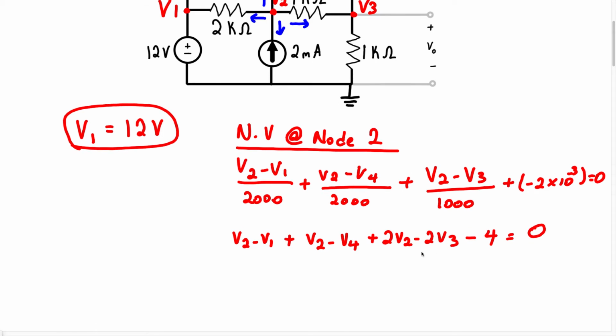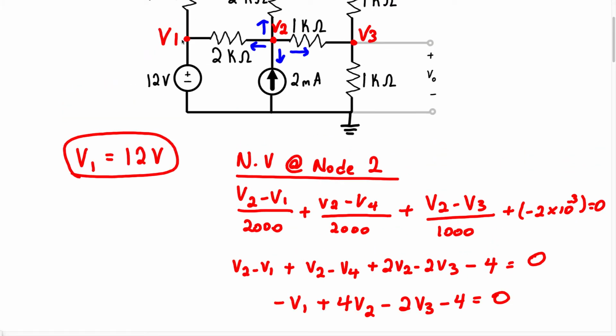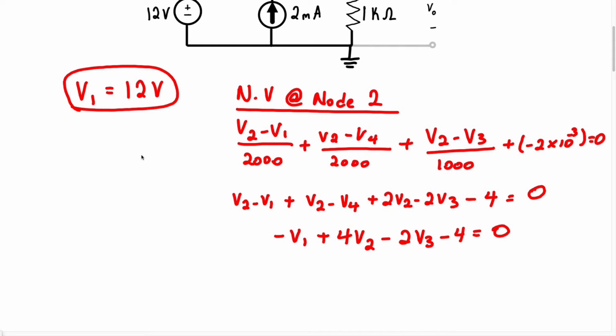So when we start to simplify this now, we're going to get negative V1 plus 4V2 minus 2V3 minus 4 equals 0. Now remember, we just found V1, which is the voltage at node 1, and we know that's going to be 12 volts. So we can substitute 12 volts into this equation.